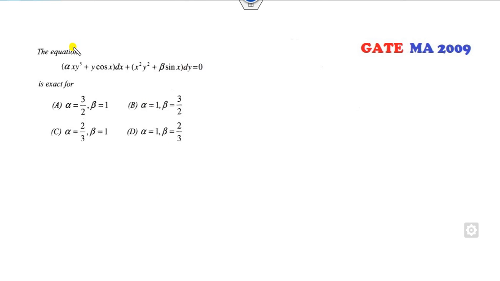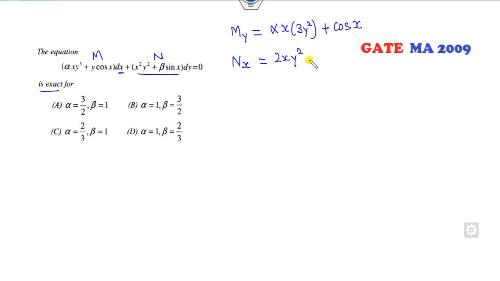Look at this another one. The equation is exact for which pair? So this is the M dx, this is the N dy. What is M? Alpha x 3y square plus cos x, N of x 2xy square plus beta times of sine derivative will be cos x.